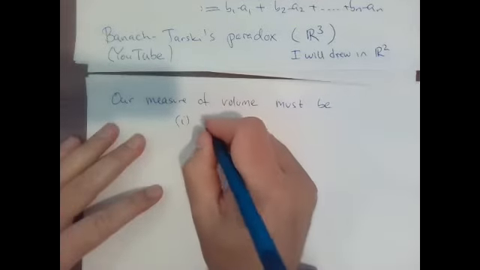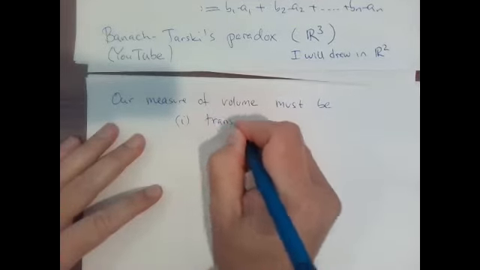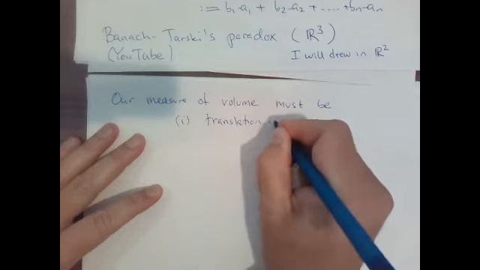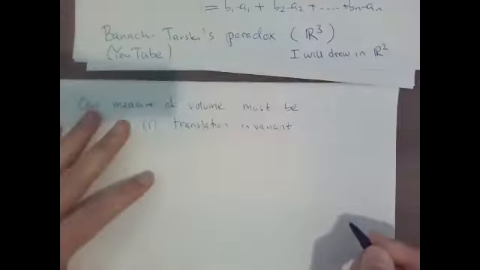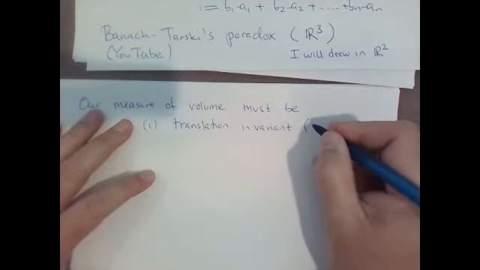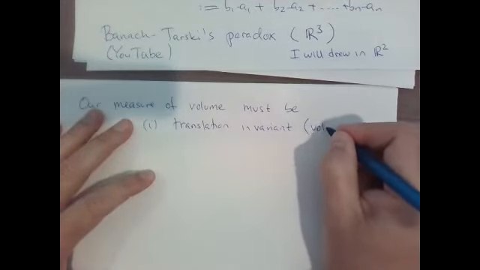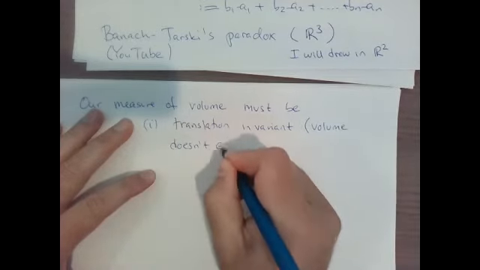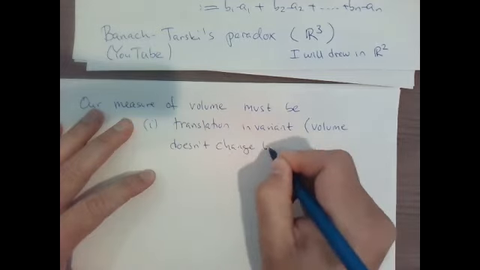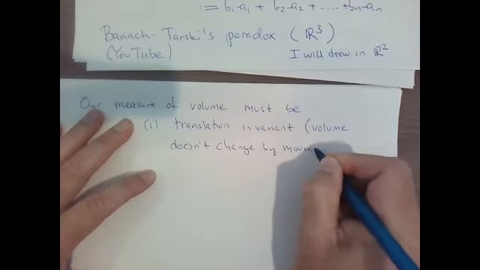We should be able to move it, so it should be translation invariant. We can just move it, and the volume doesn't change by moving the set.